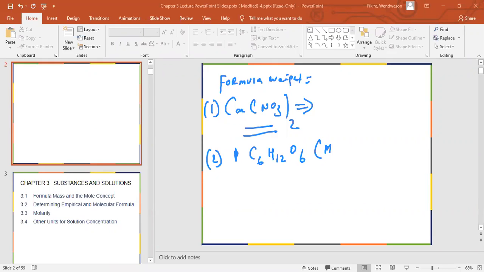One is an ionic compound, the other is a covalent compound. But in order to do the calculation, you need to have a periodic table with you. Once you have a periodic table, it's easy to calculate. I can give you about 3 to 5 minutes to calculate this, and then I need the answer from you. Okay, how about that?